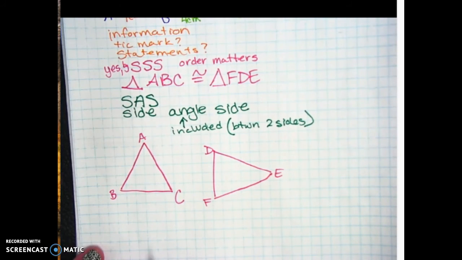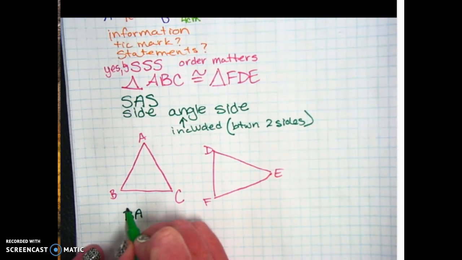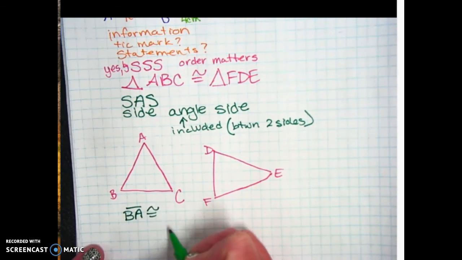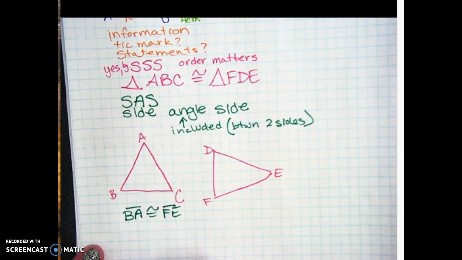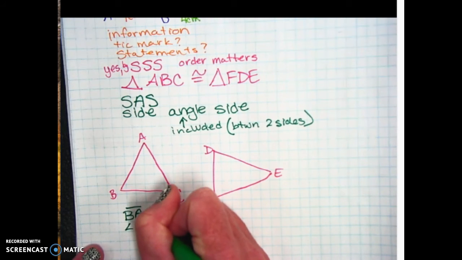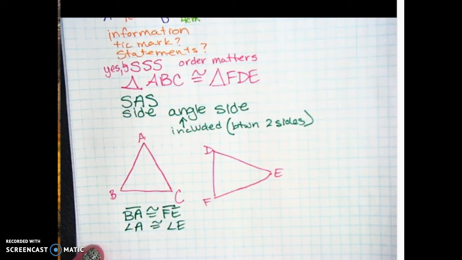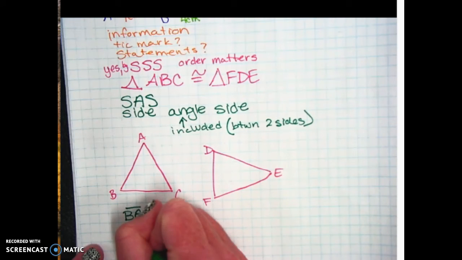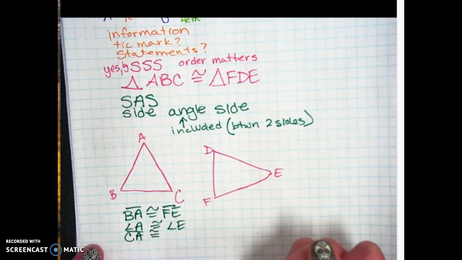All right, so here's what I'm going to tell you. I'm going to tell you that segment BA is congruent to segment FE. And I'm going to tell you that angle A is congruent to angle E. And then I'm going to tell you that segment CA is congruent to segment DE.